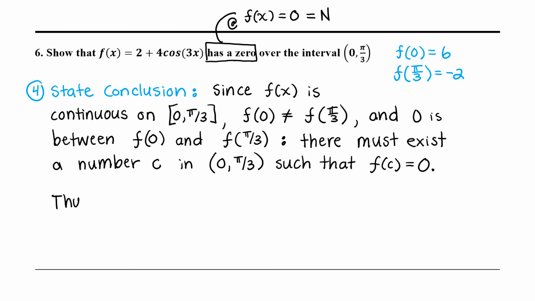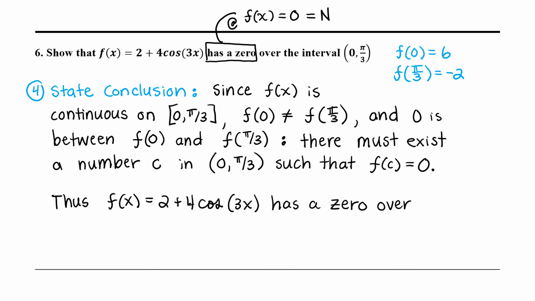So thus, f of x equals 2 plus 4 cosine of 3x has a zero over the interval (0 to pi over 3) by the intermediate value theorem.